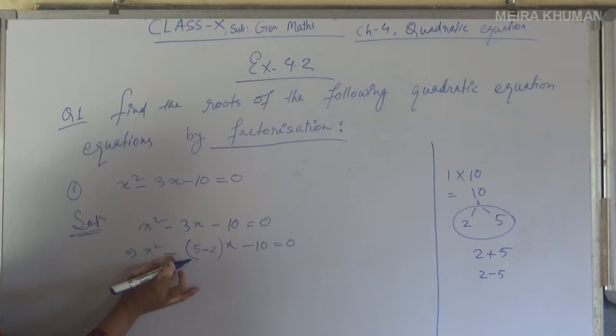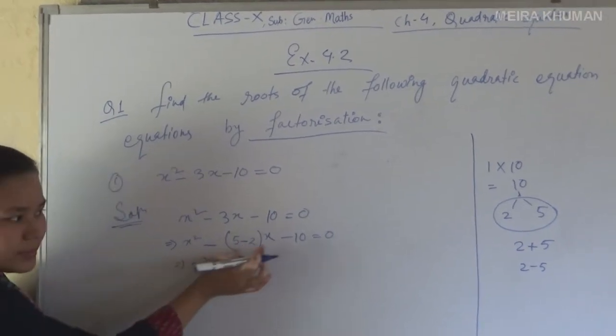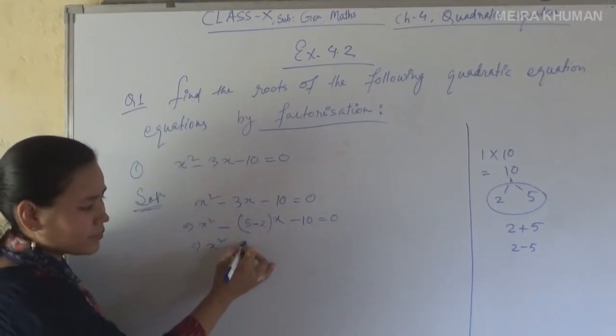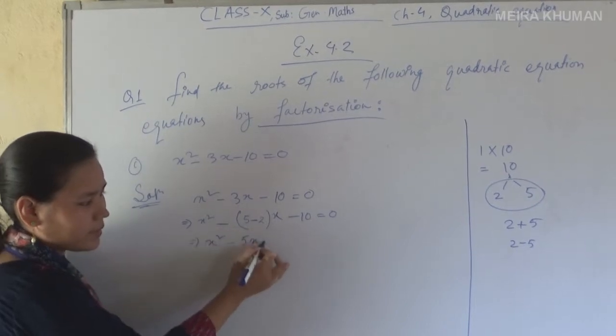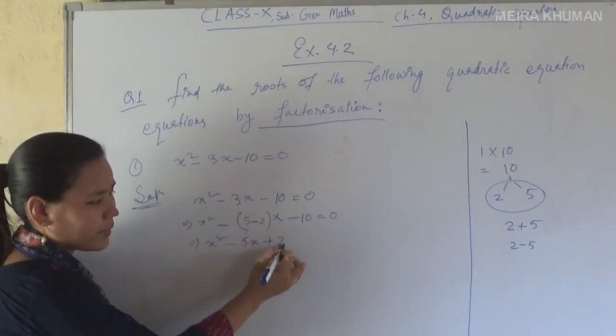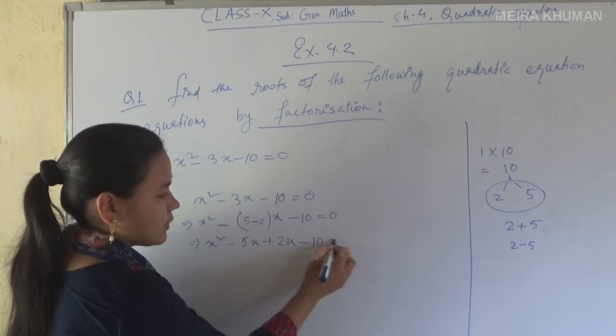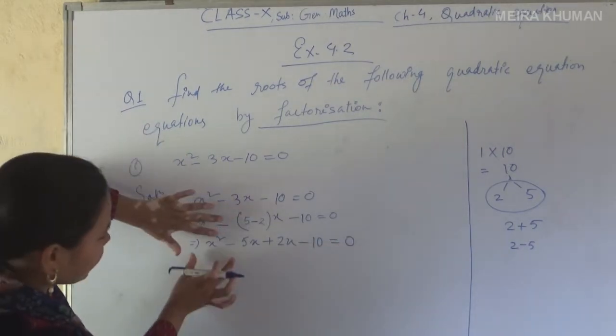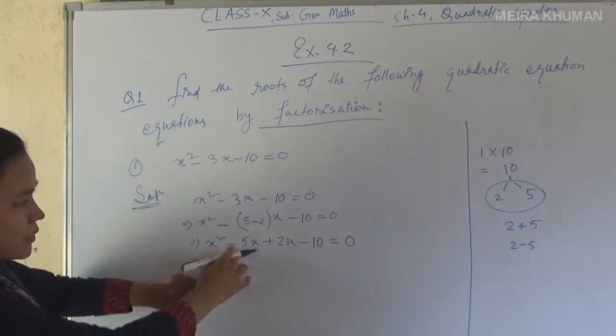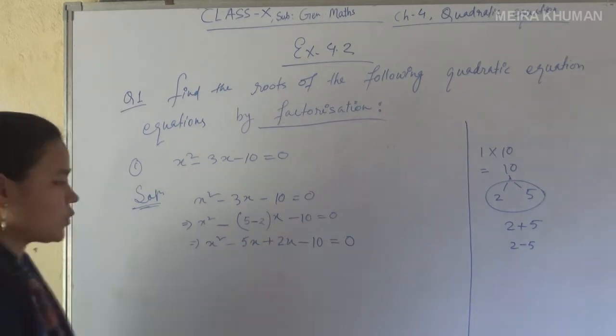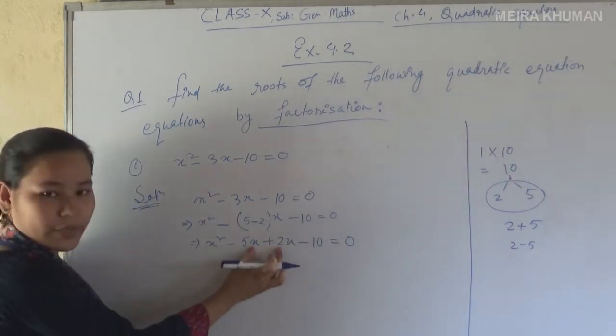So x square minus 5x plus 2x minus 10 equal to 0. You can write this line directly.